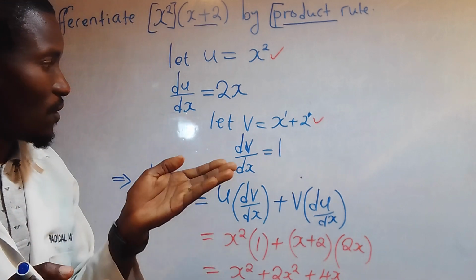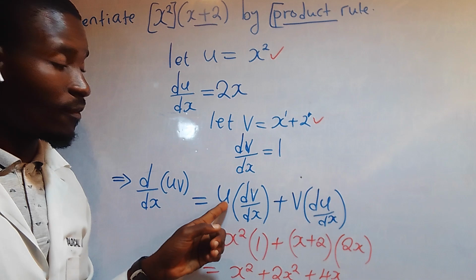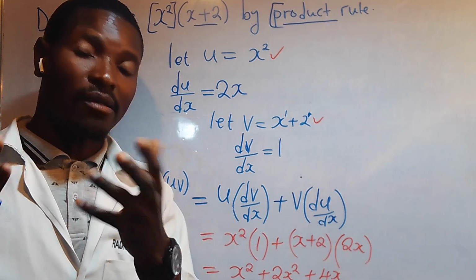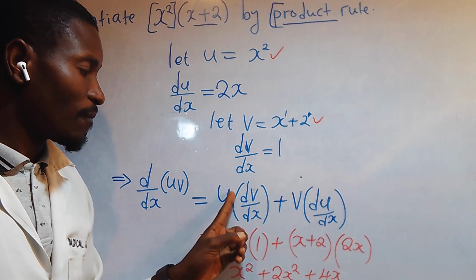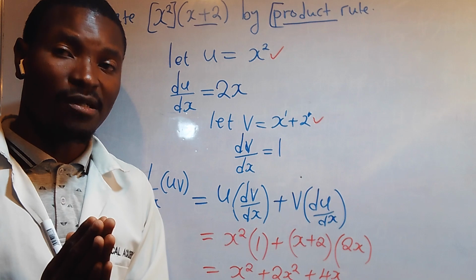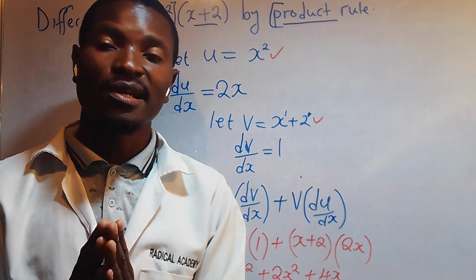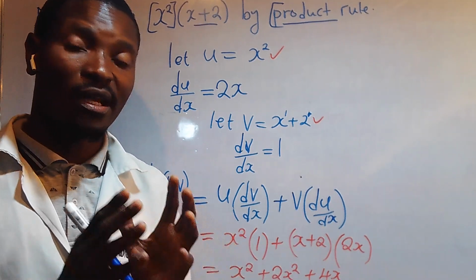What is happening is that this function is multiplied by the derivative of the other function, and then you're just swapping these derivatives. That is how you can go about solving this question.